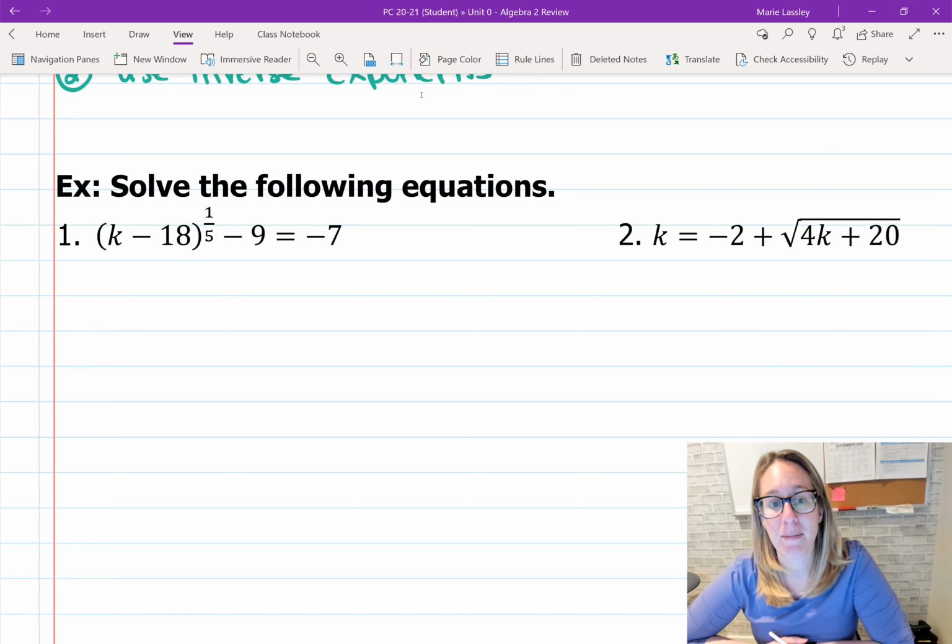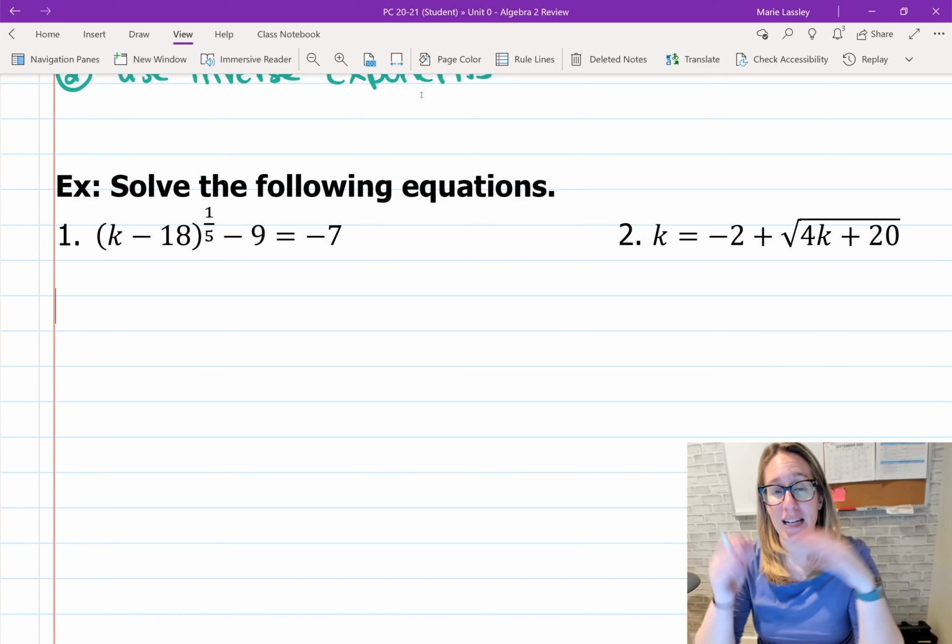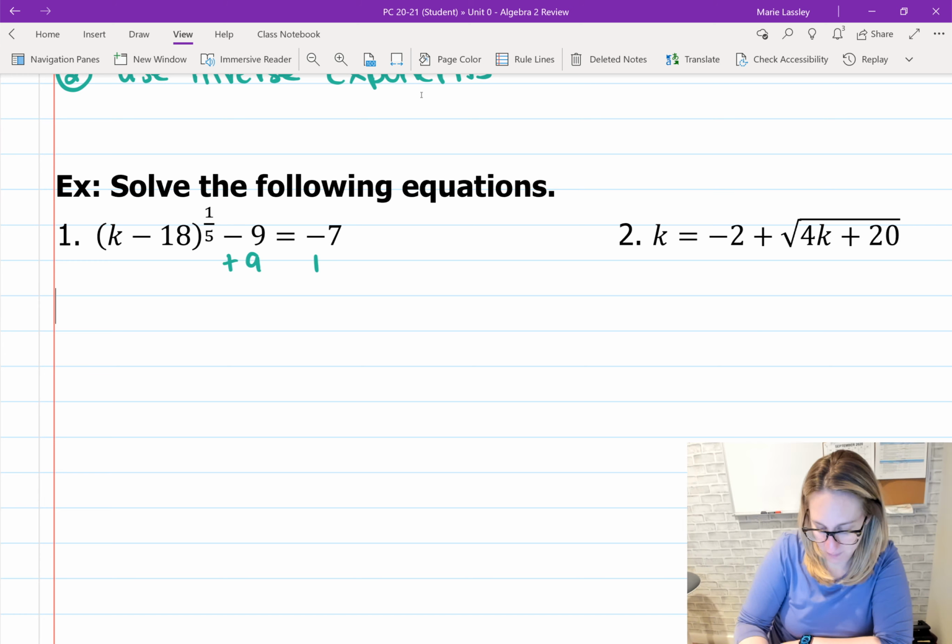It's just not written like that, but it's the same thing. So we want to get that parentheses that has the 1/5 exponent by itself. To do that, we're going to have to add 9 to both sides. That leaves me with (k − 18) to the power of 1/5 equals 2.